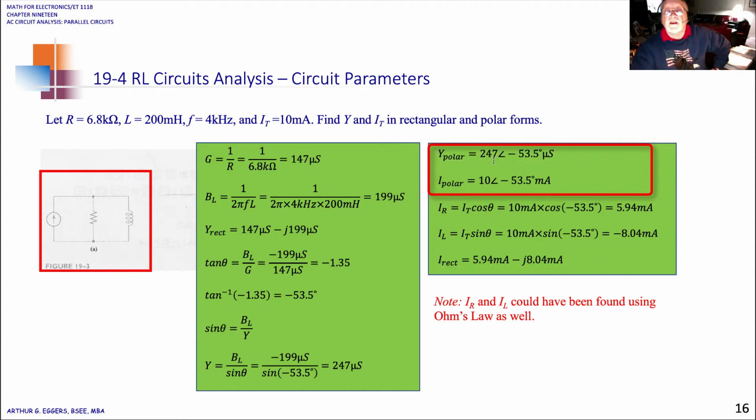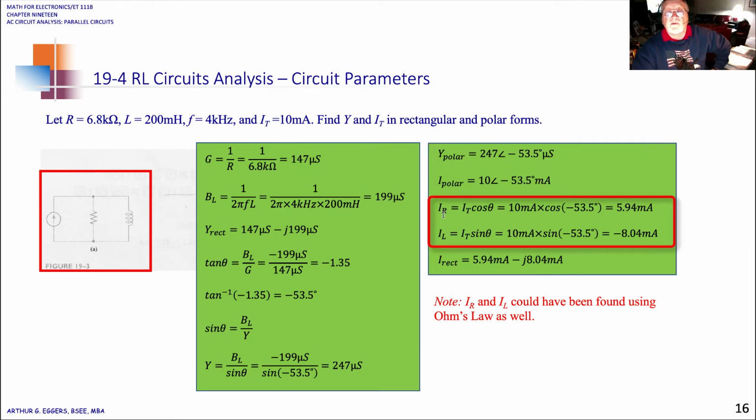Y polar then is equal to 247 microsiemens at an angle of minus 53.5 degrees. The current polar then is that 10 milliamps that was given at an angle of minus 53.5 degrees.